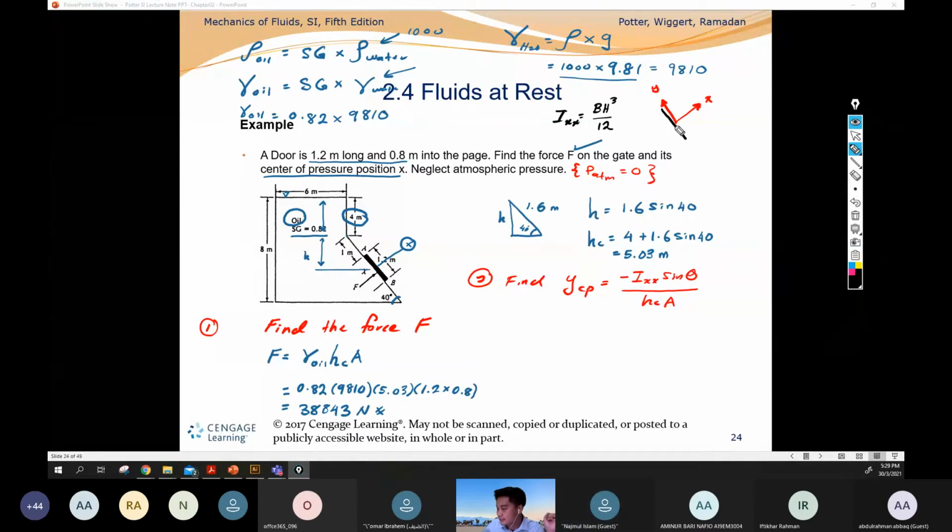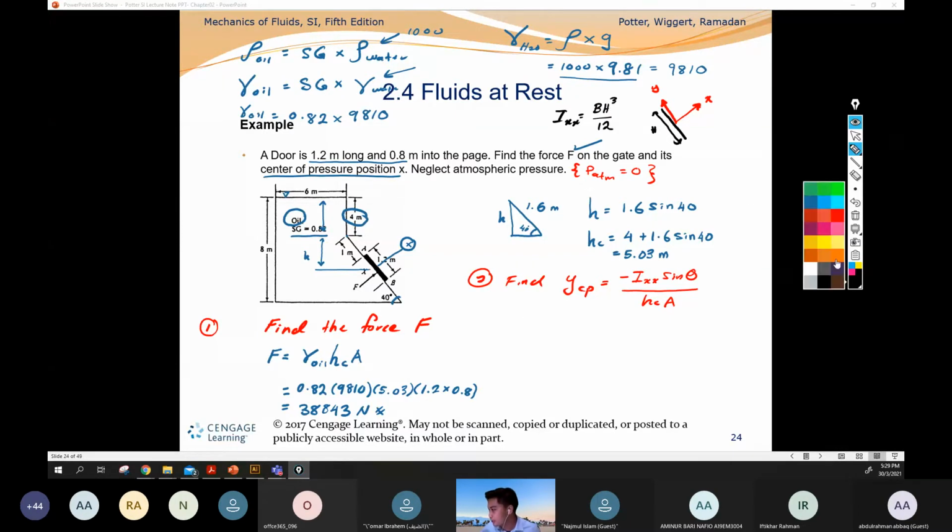Is this H or is this the depth of H? What is the H? Parallel to Y. Yes, please remember the H should be parallel to the Y. This is H. So the other way, the B is the width.